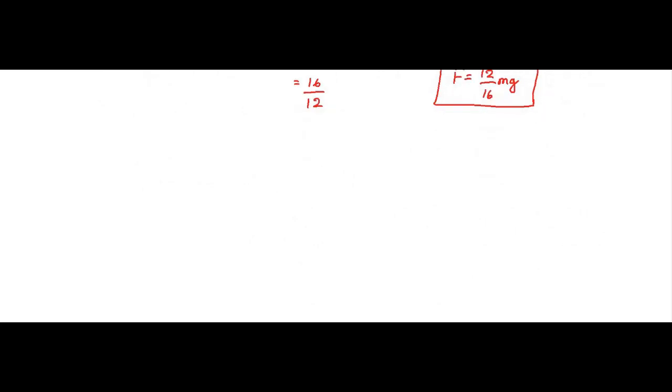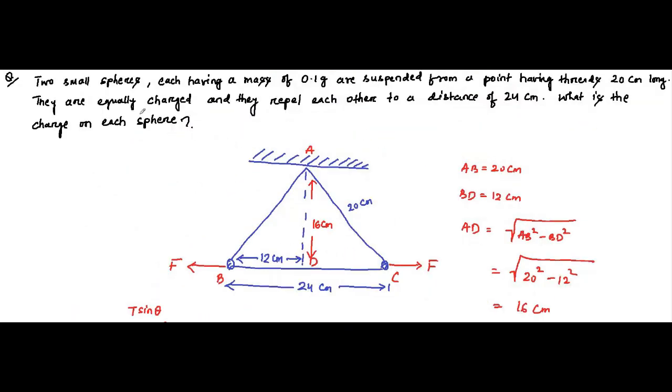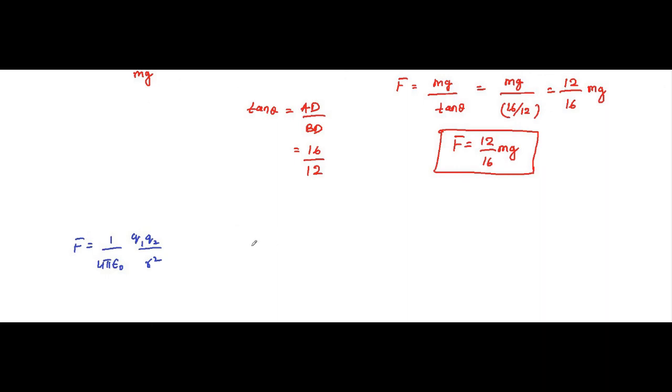Now we know that the electric force between two charges is equal to 1 by 4 pi epsilon 0 q1 q2 by r square. Here both the charges are identical, they are equally charged, so let these two identical charges be small q.